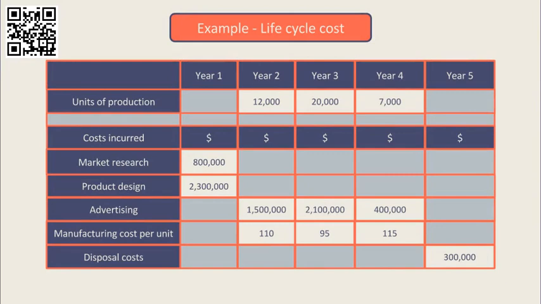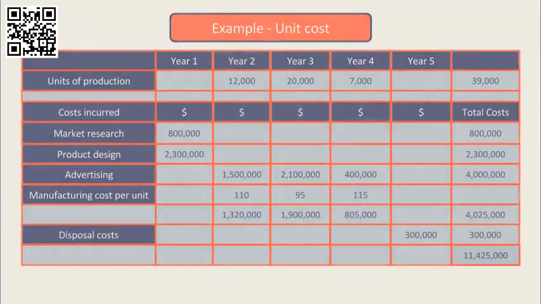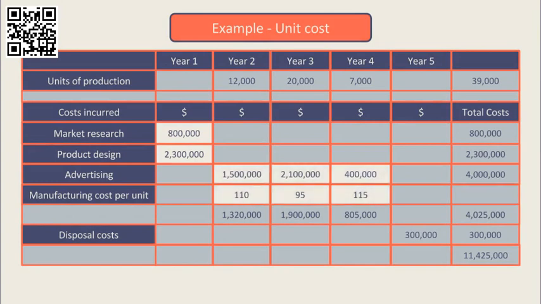The life cycle cost per unit is calculated by considering all costs incurred over the product's 5-year life cycle. Hence, we divide the total product costs by the total number of units in order to derive a unit cost. So, we add year 1 pre-production costs of market research and product design to the advertising and manufacturing costs incurred in years 2, 3, and 4.